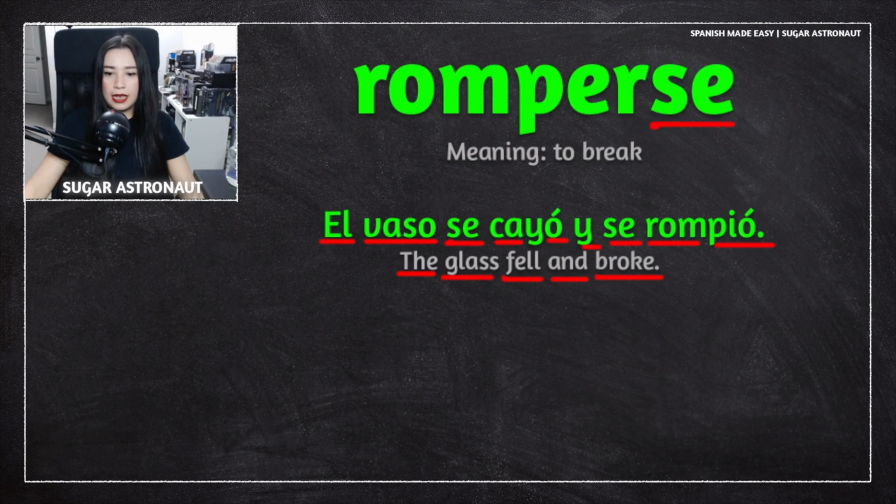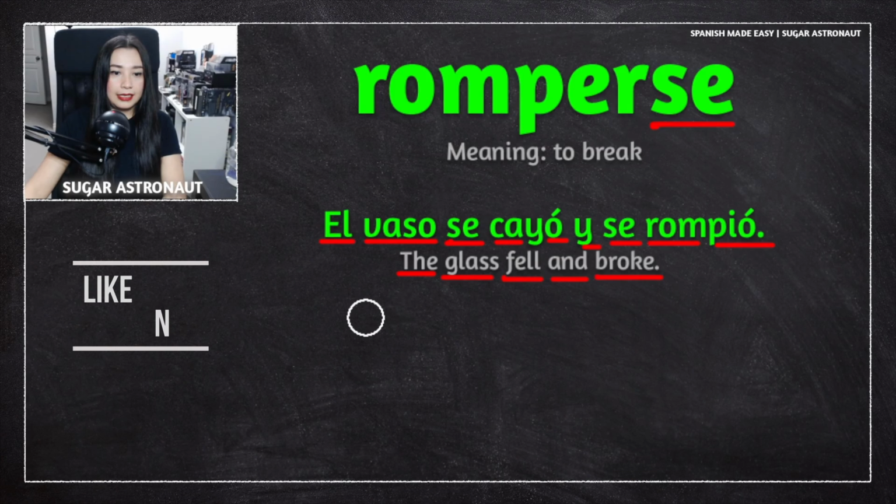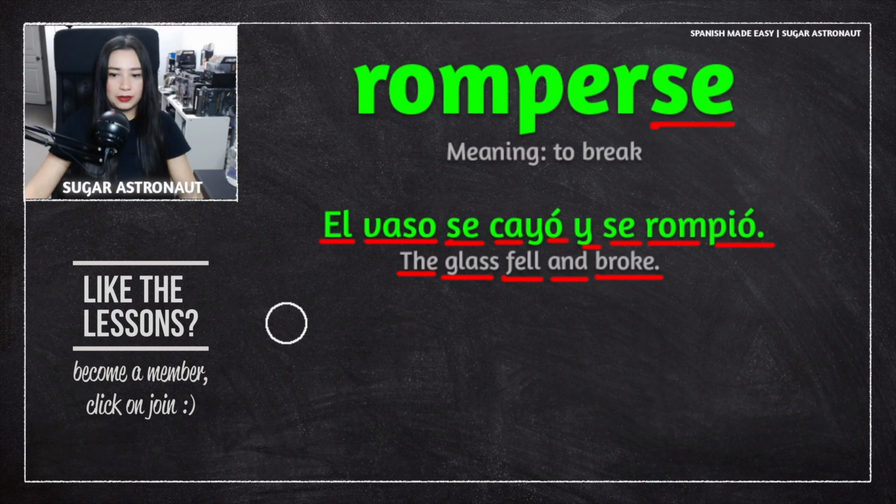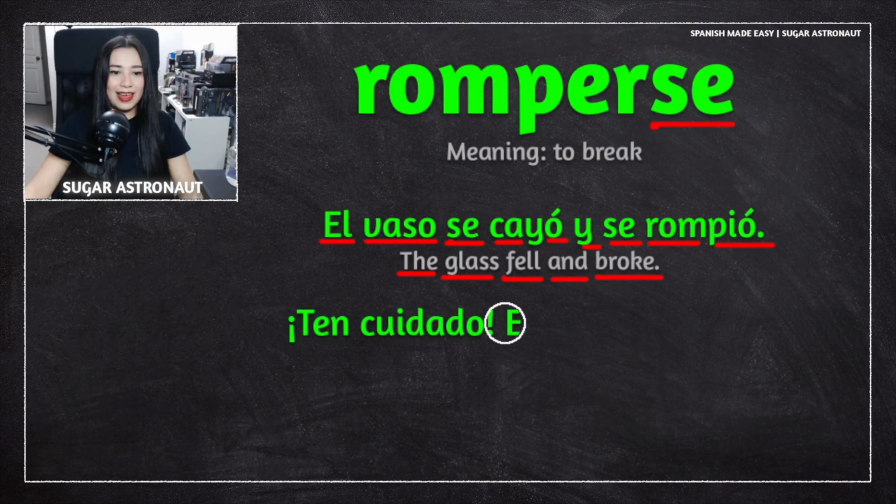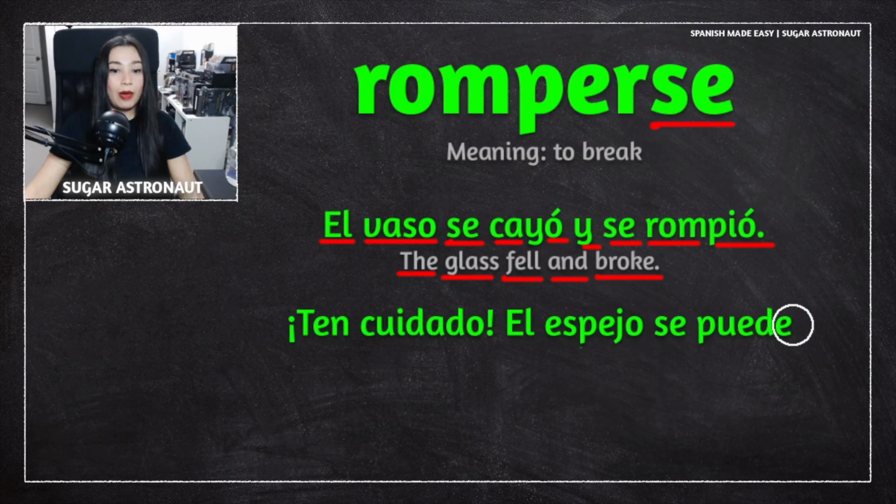Okay, now let's look at the next example, and let's see how romper works in a different situation. Okay, ten cuidado, ten cuidado. Ten cuidado is a very common phrase that means be careful.